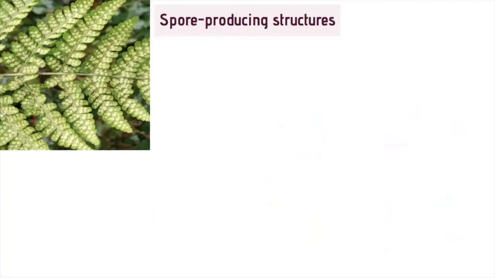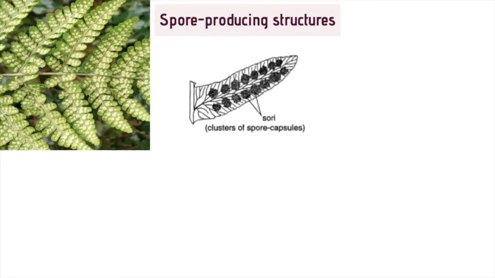So I mentioned earlier that ferns reproduce via spores, which are formed in structures called sporangia. And these, you often see them on the underside of the leaves or at the tip of the fronds, and they aggregate into these structures called sori.